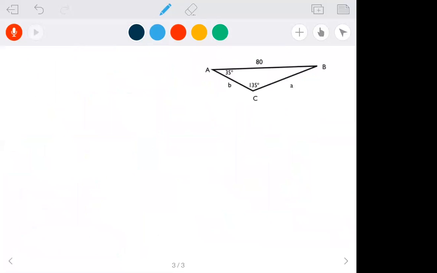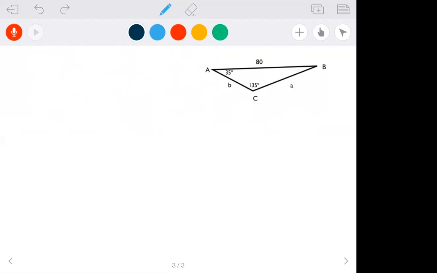Let's try one on just a plain old triangle. We're given a triangle ABC with angles 35 degrees, 135 degrees, and then they give us a side length of 80. If I am trying to solve for A and B, I should always first figure out what this missing angle is.